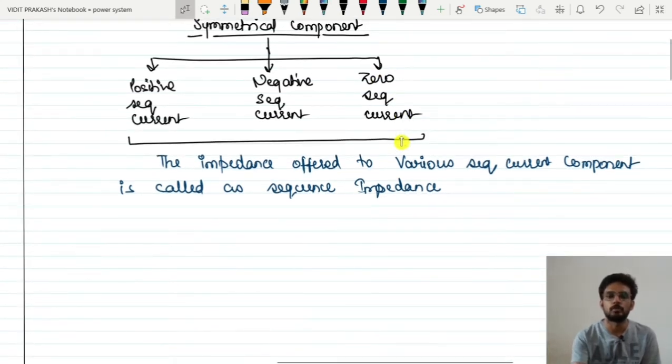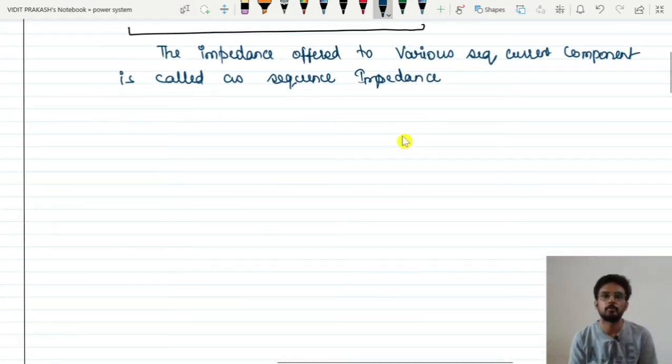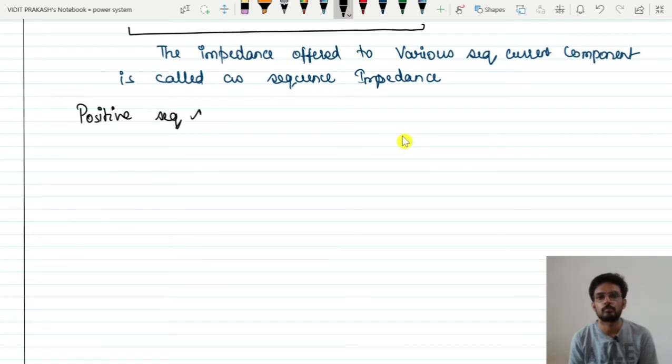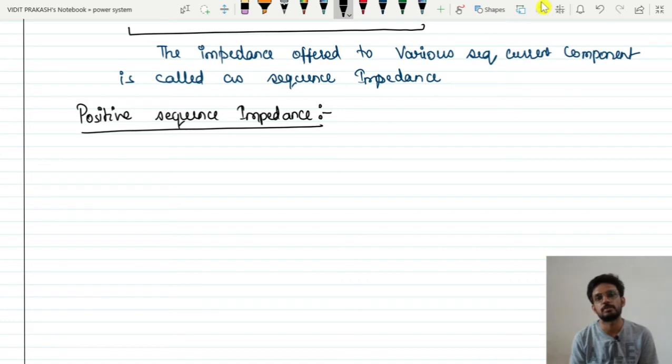First we will see positive sequence impedance. So what is positive sequence impedance?